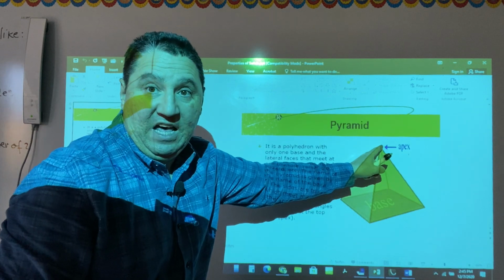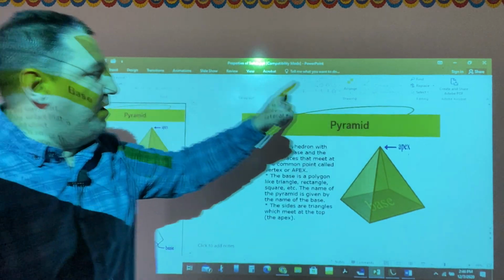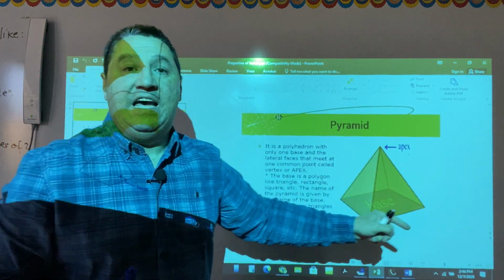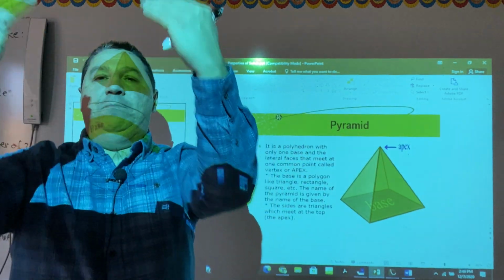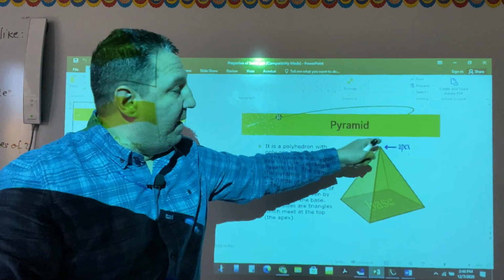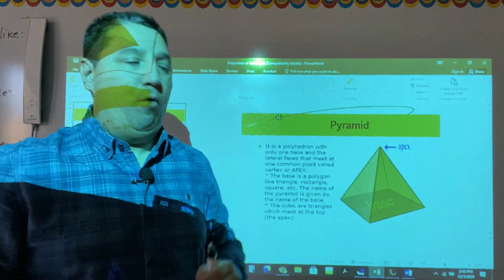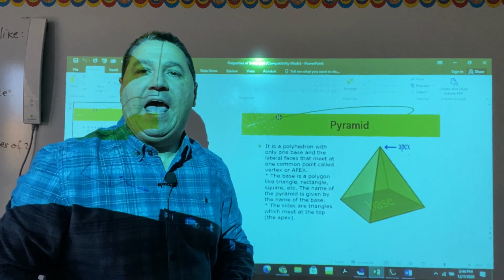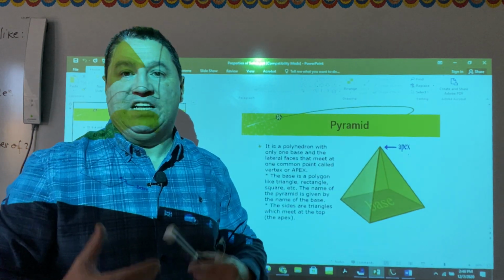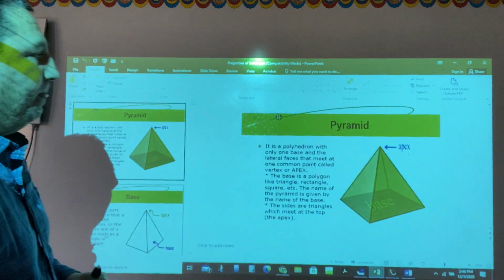The difference between a prism and a pyramid is that a pyramid has no second base. The second base is reducing to a point. This point is called the apex or vertex.